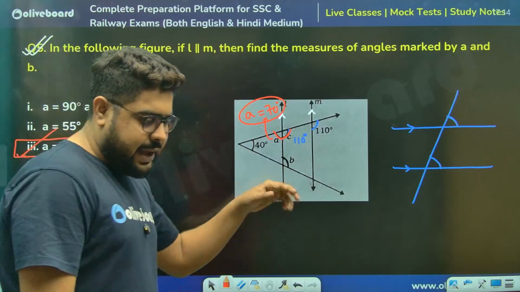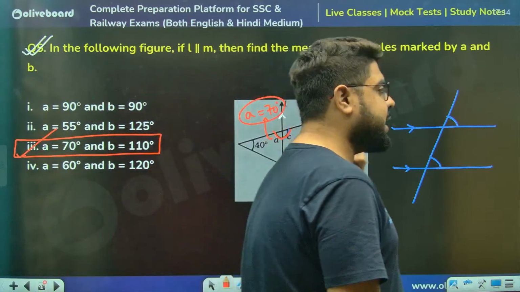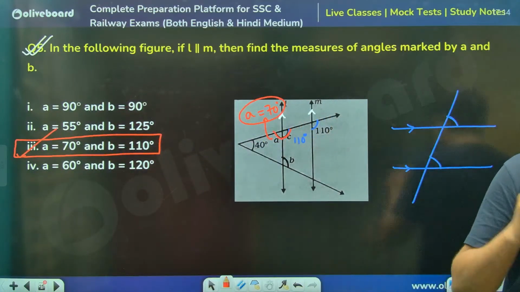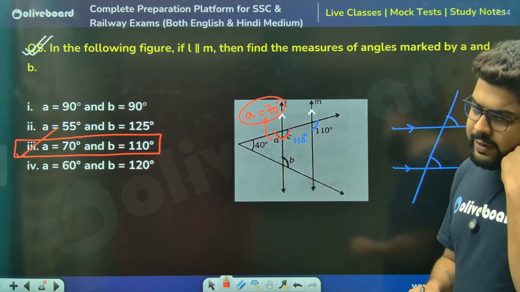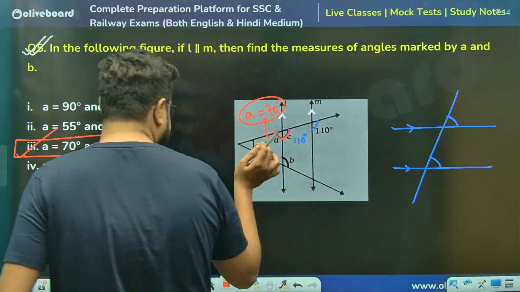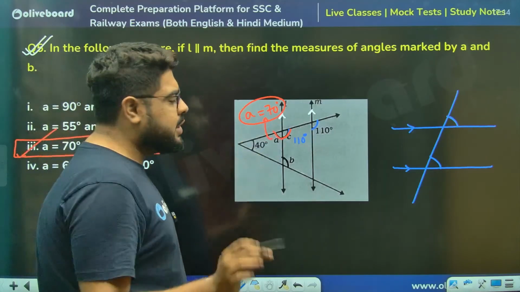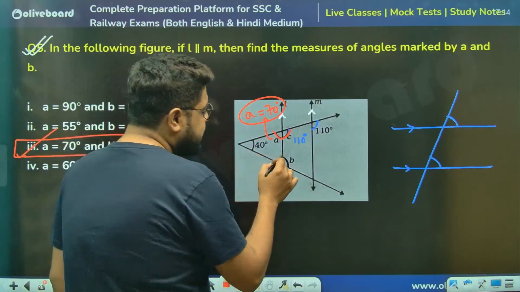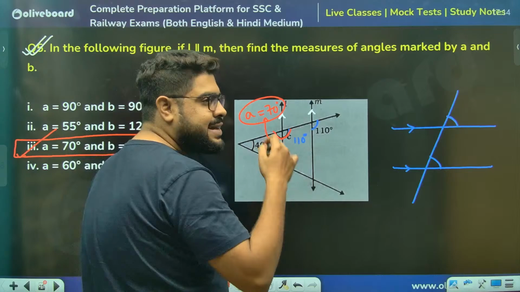Now as we're learning, let's try to figure out B as well. From the options we can see this is isosceles and everything, but again, let's not use any of this. This is like using the external angle concept.